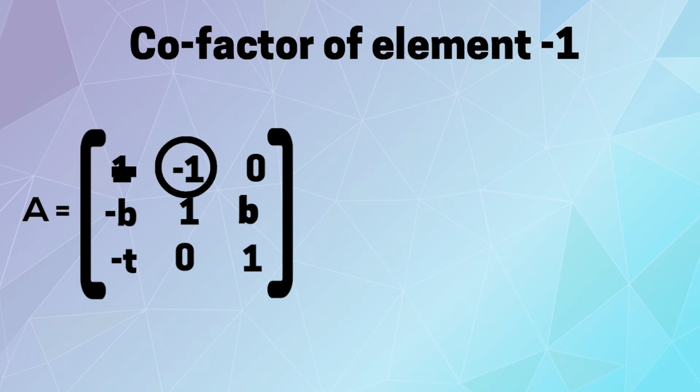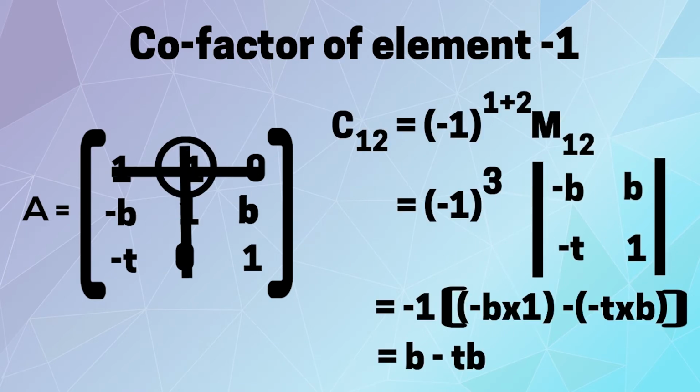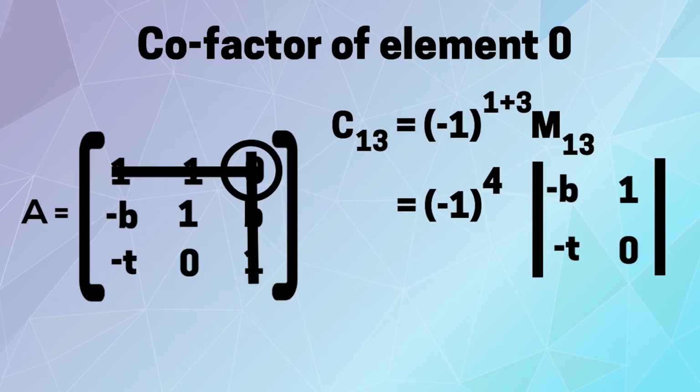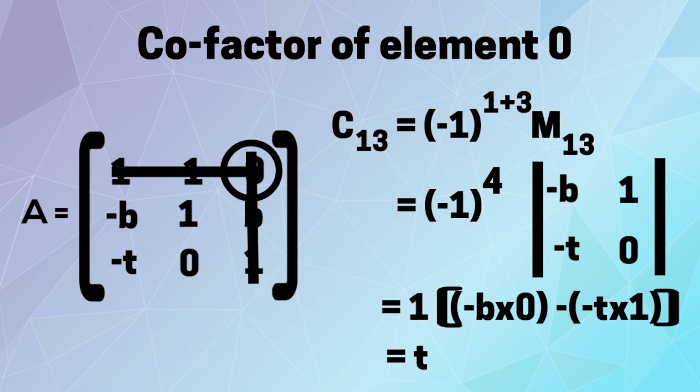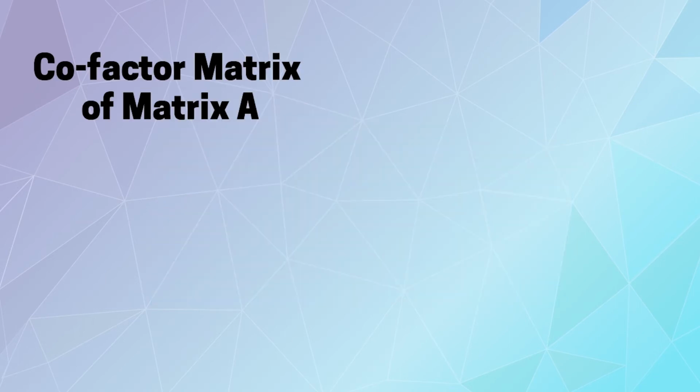The cofactors of the remaining elements of coefficient matrix A are obtained by using the same formula. I would want you to go back and note down all the cofactors. So, this is the cofactor matrix of matrix A that we have just obtained.